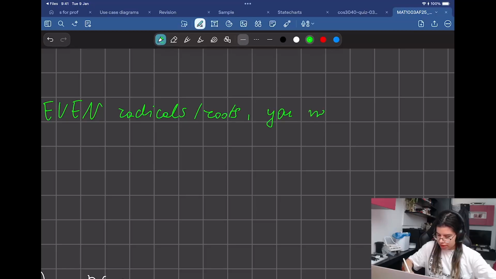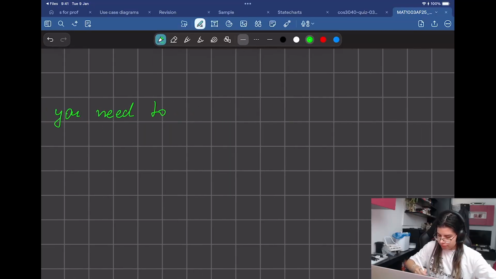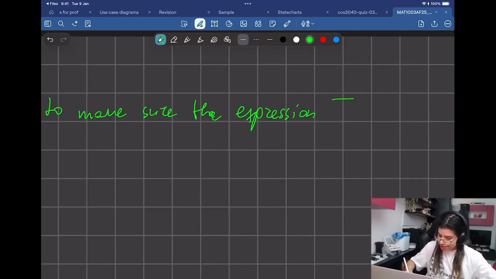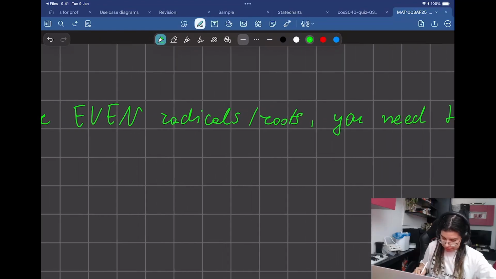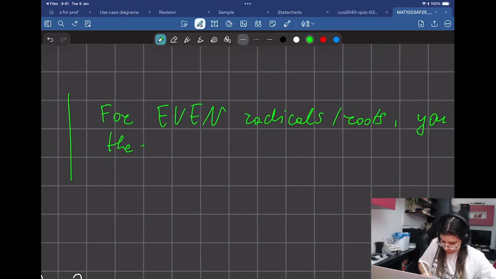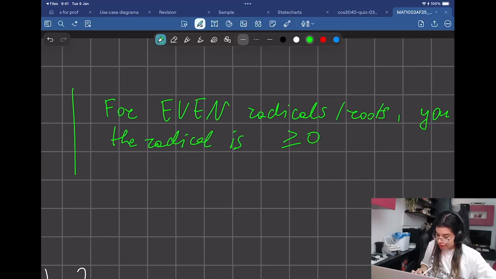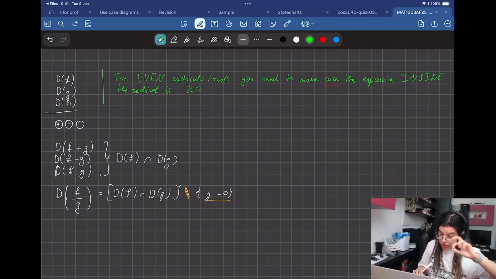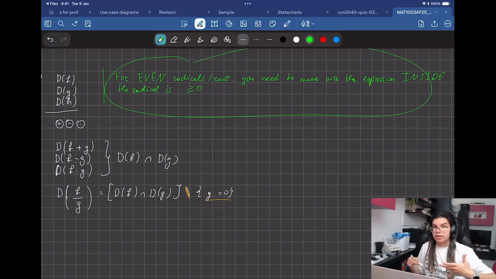You need to make sure the expression inside the radical is greater than or equal to 0. That's the rule, okay? So you take whatever expression you have inside or under the radical, and you make sure it's greater than or equal to 0.